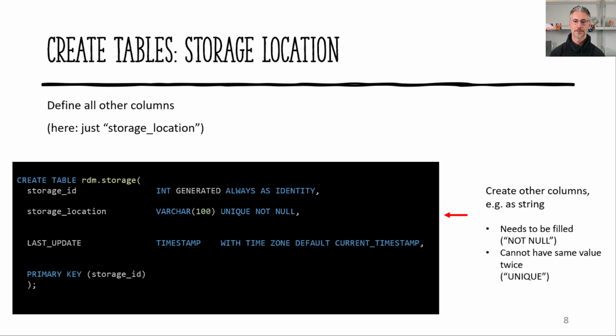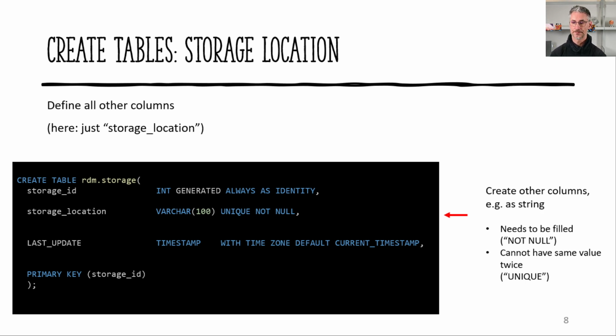We also added a last update column, and that is a timestamp. It's a specific data type that contains date and time. We also add some constraints to it. We add the current time zone that we are operating in, so we don't have to take care of that as well. And then we add a default value, and the default value is now, or current timestamp in this case.